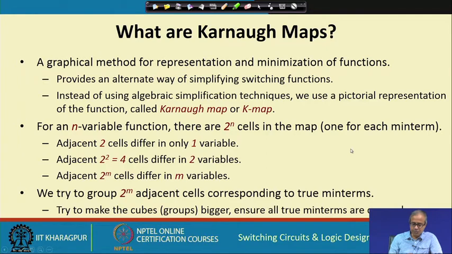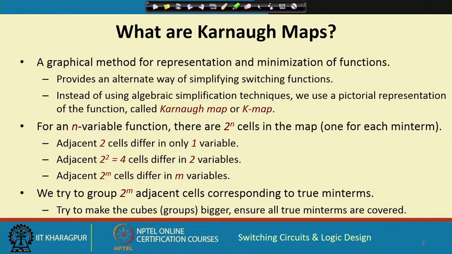So, what we try to do is, we try to group these cells. Now, as I said, we have the Karnaugh map, we have these cells on the map, where each cell corresponds to a minterm. We try to group these cells together, and each group will be having 2 to the power m adjacent cells, some power of 2, okay? 1, 2, 4, 8, 16 like that.